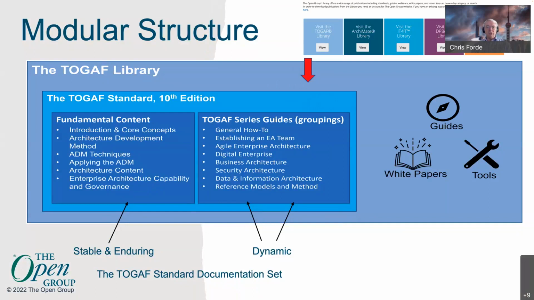Looking at the modular structure that I've referenced here, it focuses on what architects want, that is more, better, and topical guidance on how to deliver the EAs, as I said before, the enterprise architecture outputs.